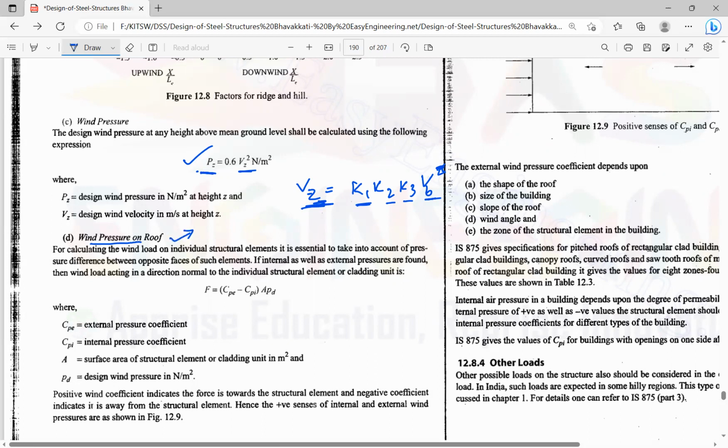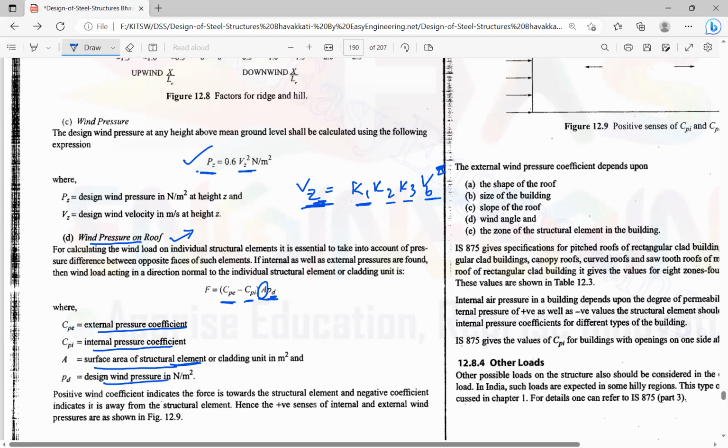So wind pressure on the roof F is equal to (CPE minus CPI) times A times PD, design wind pressure. CPE is the external pressure coefficient, CPI is the internal pressure coefficient, A is the surface area of the structure, very important, in meter square.